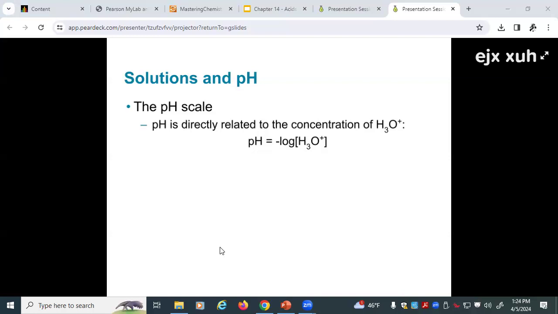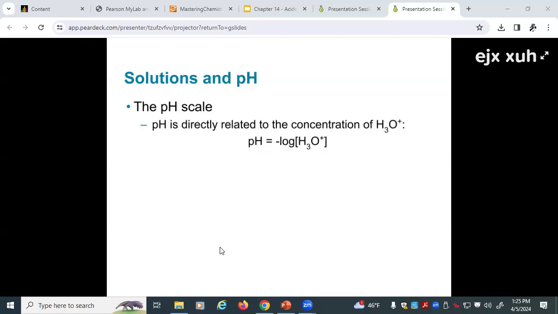And the pH scale is a calculated scale directly related to the concentration of the hydronium ion in solution. To calculate the pH of anything, I would take the opposite of the logarithm of the hydronium concentration.